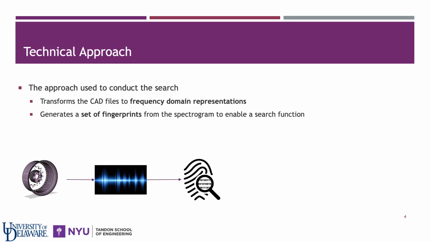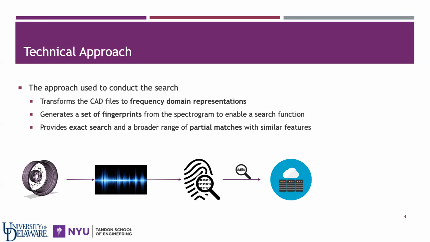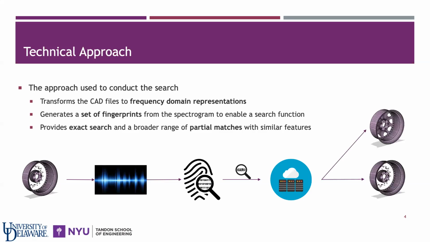We will introduce fingerprints in detail on later slides. Based on those fingerprints, we design a search function. The search function provides an exact match and can also output a set of CAD files that contain similar geometry. We also create a database to support the search function and test the approach.